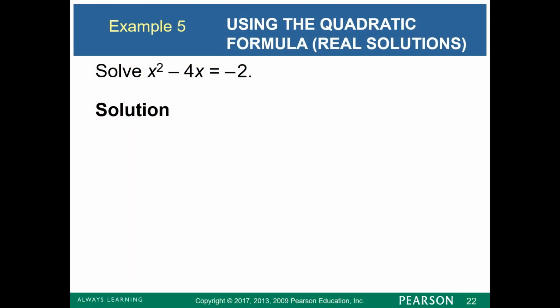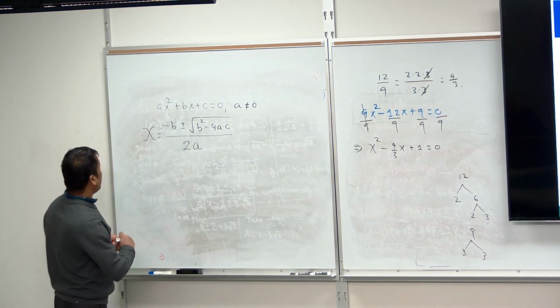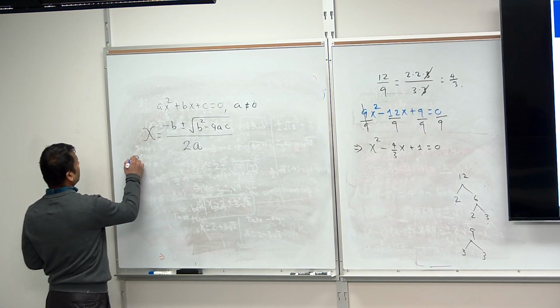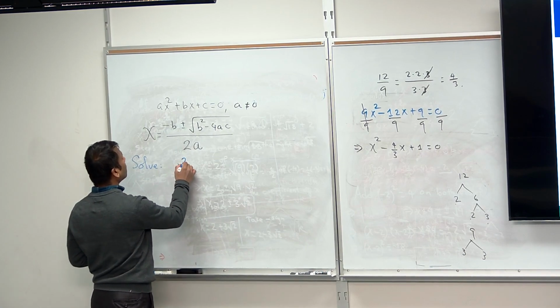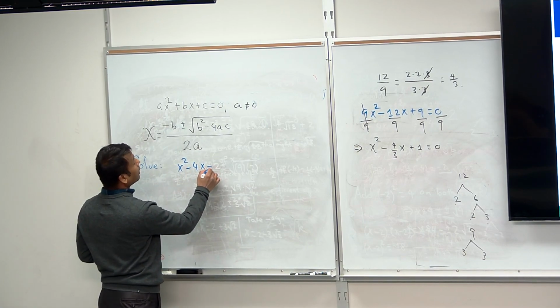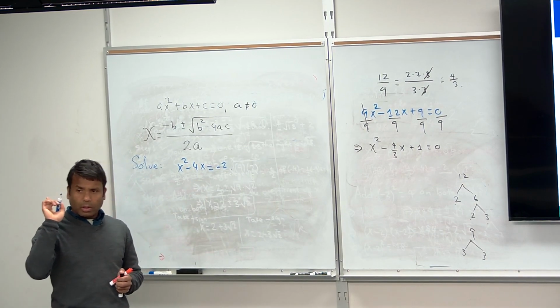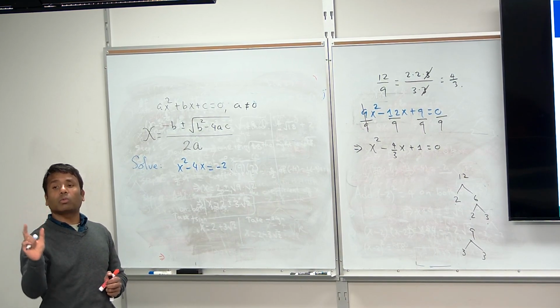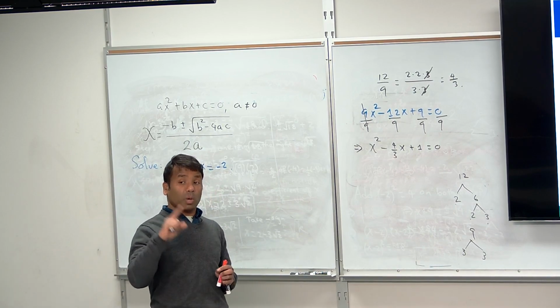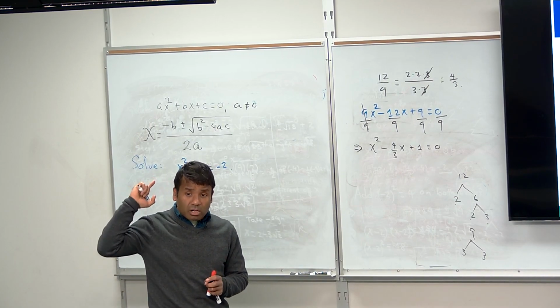So now, look here. If you want to use the formula to solve this quadratic equation, you have to solve x squared minus 4x equal to negative 2. If you want to use the formula method, you have to write the given equation in standard form.